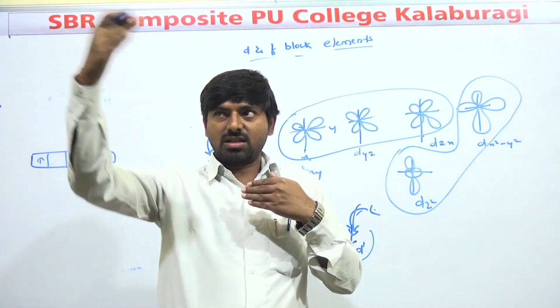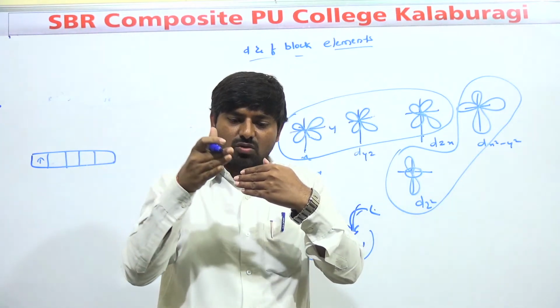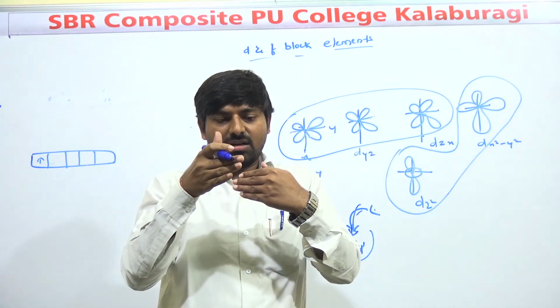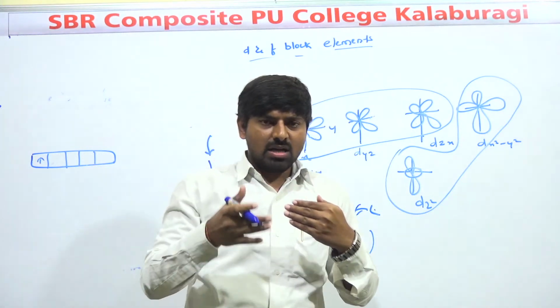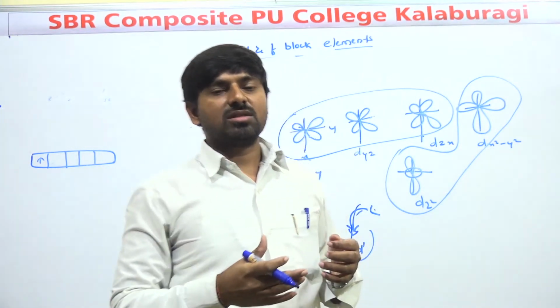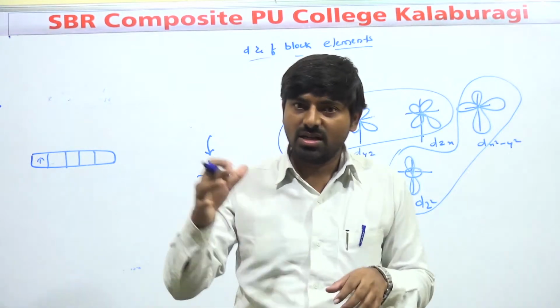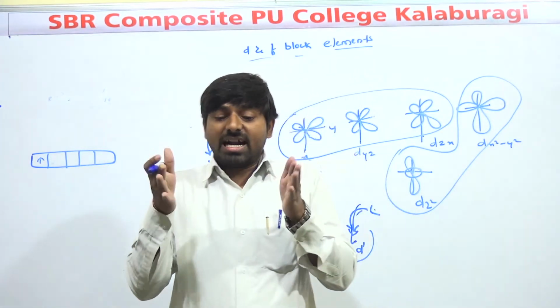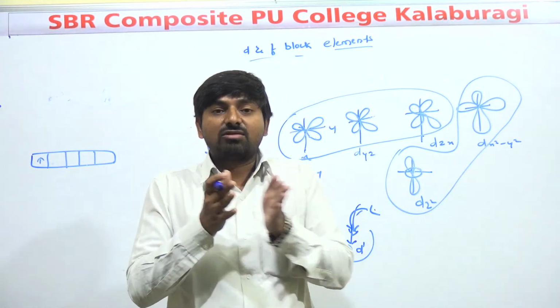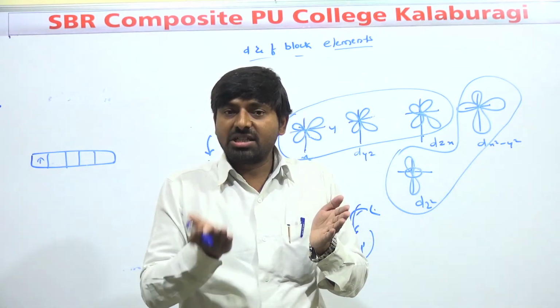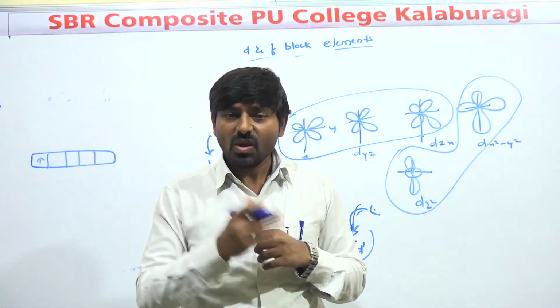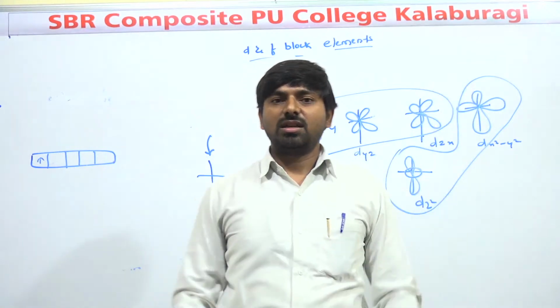Let us consider the ligand has come closer to that d element. Now what happens? You all know well, electronic repulsions come into existence between the metal atom and the ligand. Ligand electrons and metal electrons will try to repel each other.